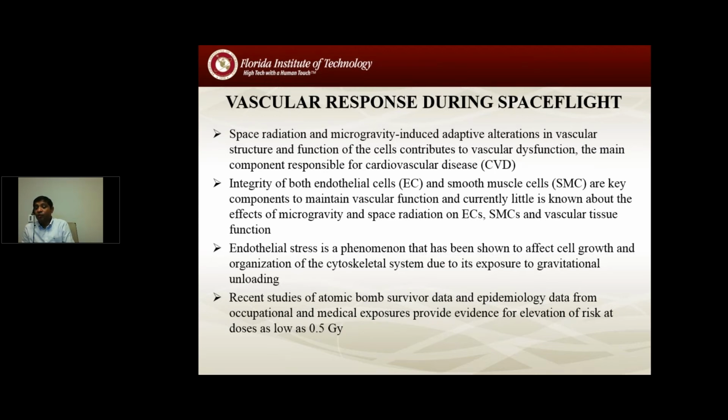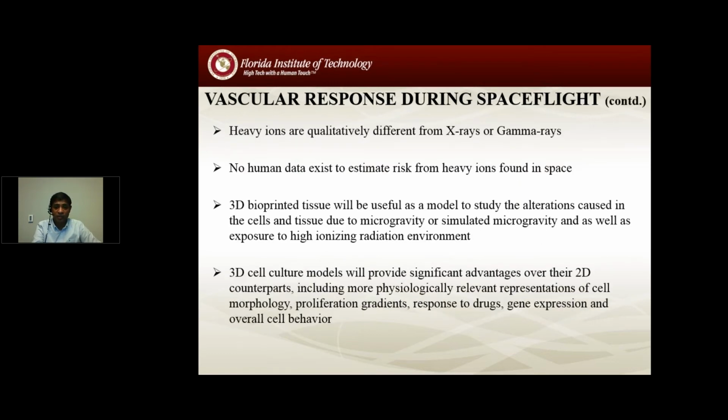In fact, some recent data show that atomic bomb survivors have an elevated risk of cardiovascular endothelial dysfunction from a dose as low as 0.5 gray. So it's very important to analyze this long-term effect of space radiation.